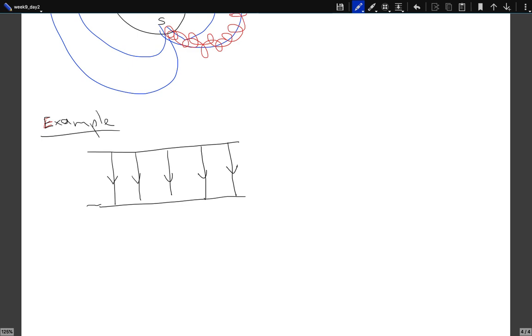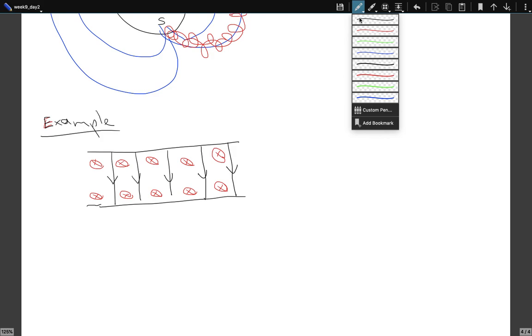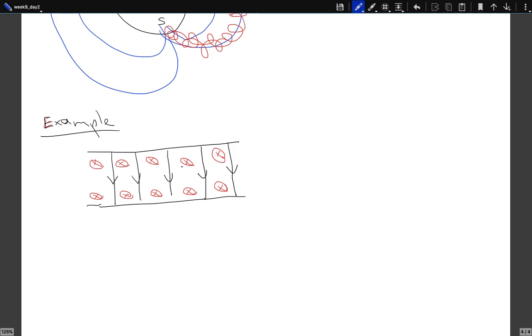And when we take these parallel plates and put them in a region of space where there is a uniform magnetic field into the screen, so we have an electric field pointing downward, magnetic field into the screen.